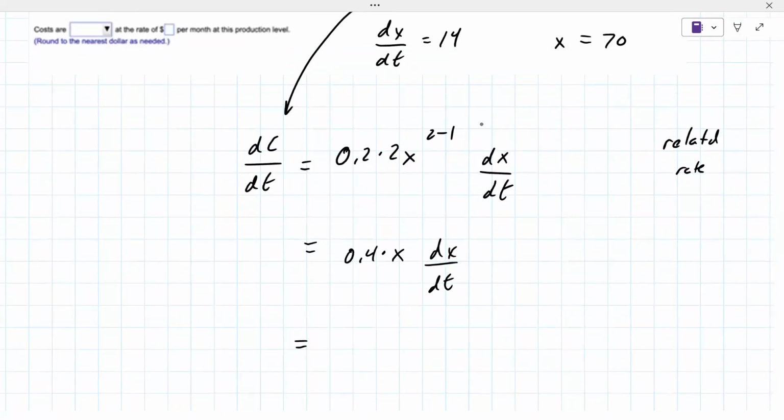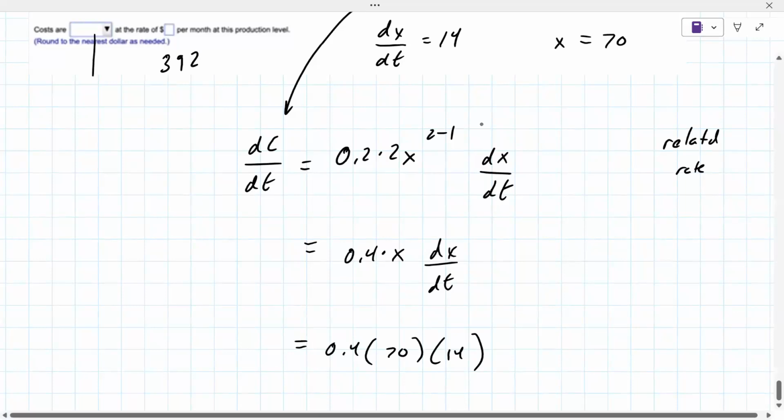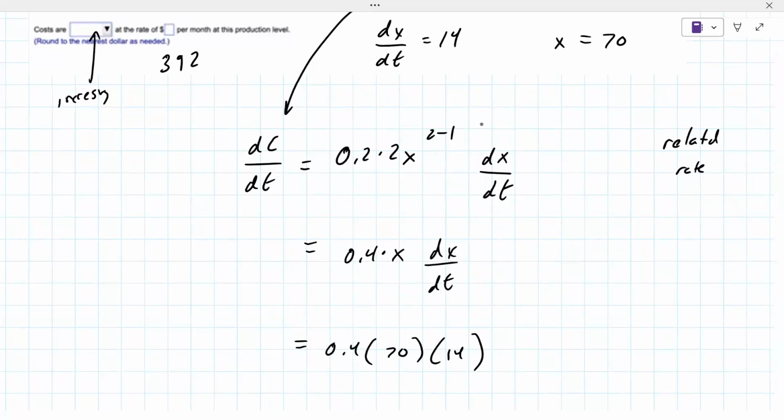So it's 0.4 times 70 times 14, which is 392. And I think this is like increasing or decreasing, going up or going down. Yeah, it's increasing.